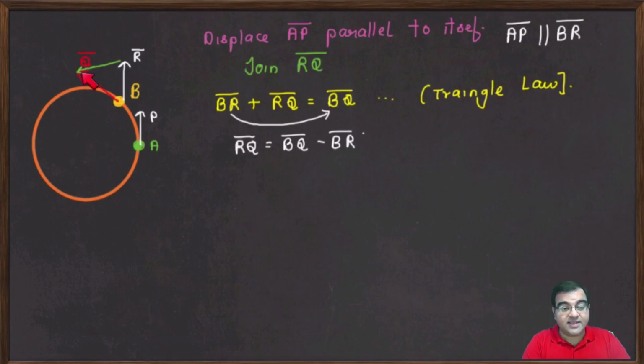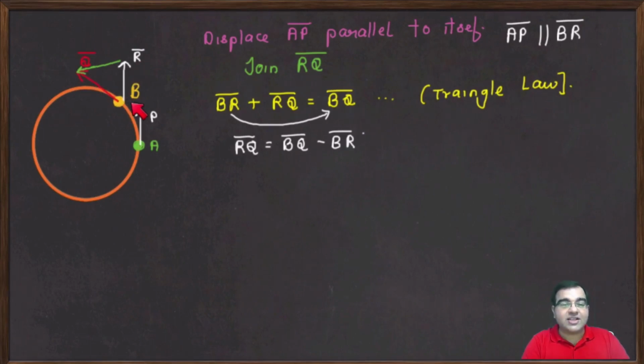Let us understand this. If you remember in the previous slide, I had told you AP bar is a velocity vector at point A. So AP bar is just moved to another point, BR bar. And your BQ bar is a velocity vector at point B. So there were two tangents. The tangent at A was AP bar, which was just moved up here to BR bar. And the tangent at B was BQ bar.